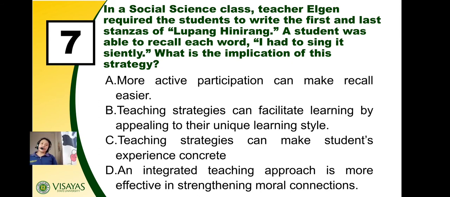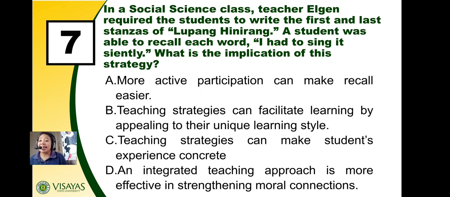Itong question na to, maraming nalilito dito. So, isa-isahin natin, let us analyze or examine the question. In teaching social science class, si Teacher Elgin, nag-require siya sa students na i-write yung first and second stanza of Lupang Hinirang. So, may isang student, and then that student said, I had to sing it silently.